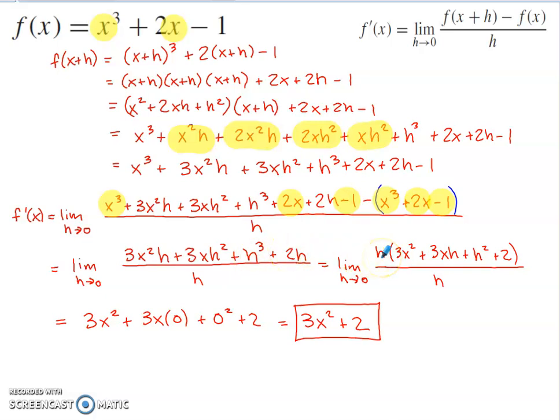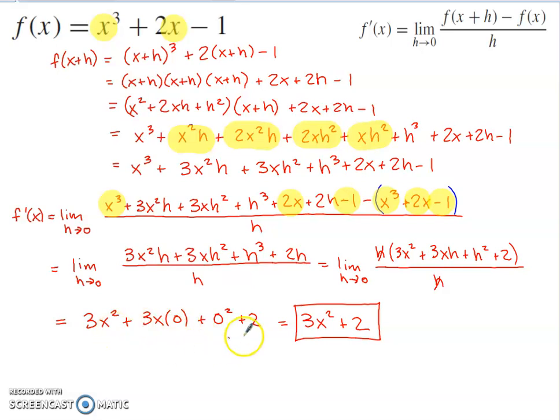So if I factor an h out of each of these 4 terms, once there's multiplication as the operation between this h and that bigger quantity, I'm no longer violating the order of operations if I want to cancel this h with this h. So after I do that, I can put 0 in place of the 2 h's that remain. So 0 goes in place of the h that's after that second x. 0 goes in place of the h that's squared. This piece is 0. This piece is 0.